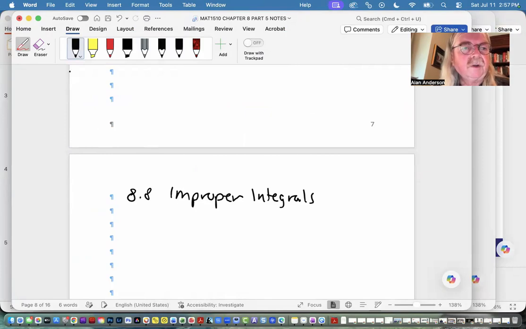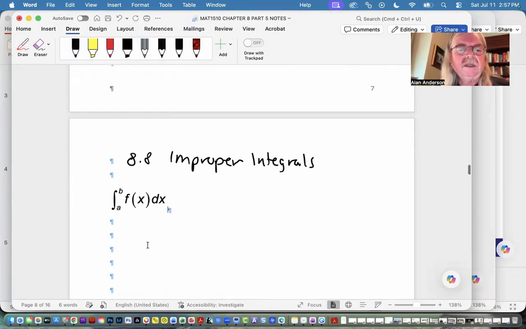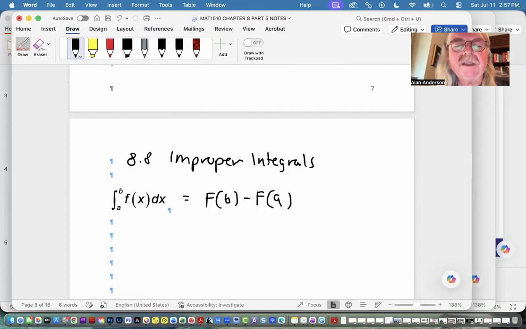So first we'll start with a proper integral, the one that we're very familiar with. And so we know how this works according to the fundamental theorem of calculus. You just evaluate the integral and then solve at b and at a and subtract.